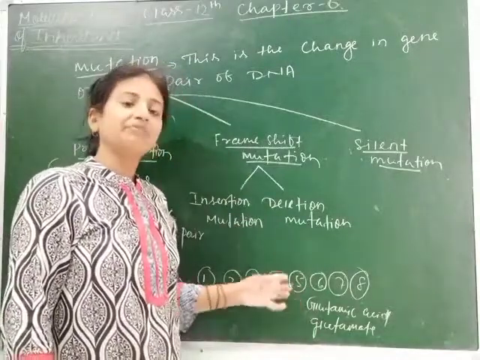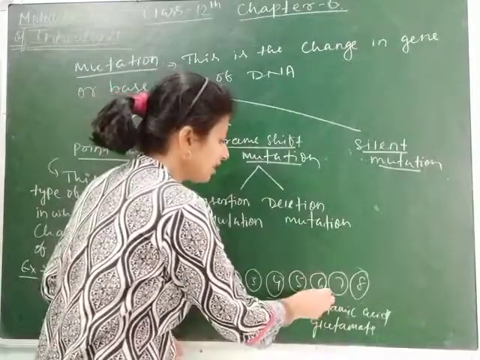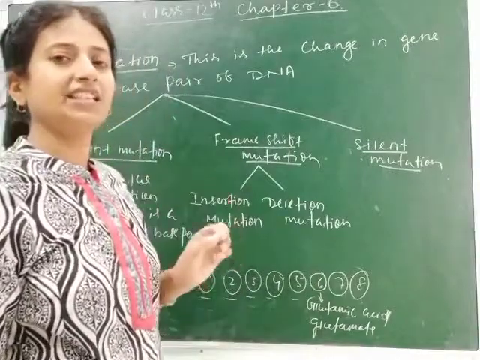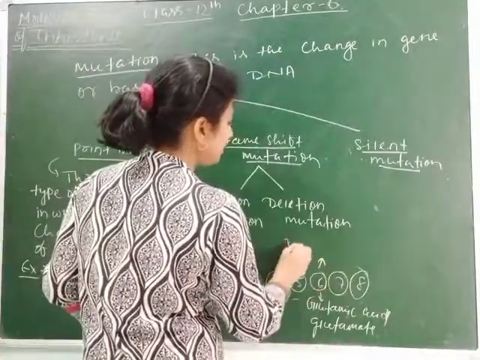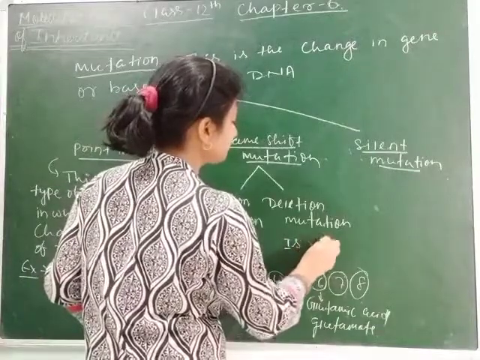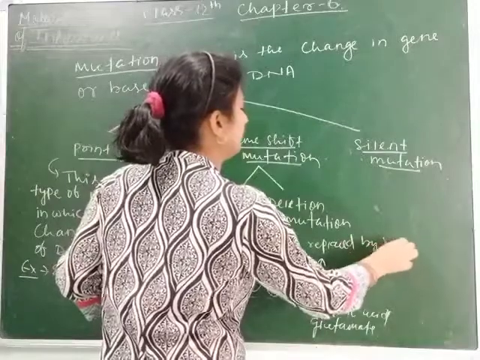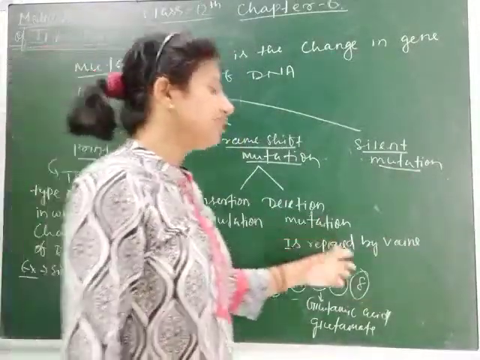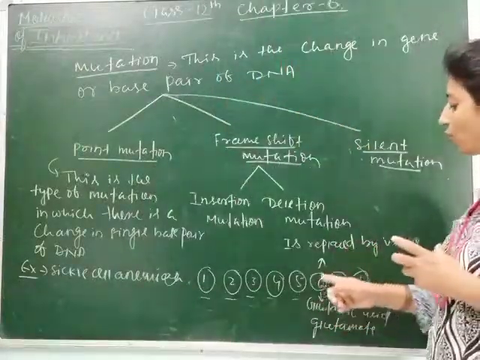If we see the beta globin chain of normal RBC, we can see the arrangement of amino acids, and at the 6th place glutamic acid is present. But due to the change in the base pair, glutamic acid is replaced by valine at the sixth position of the globin chain.